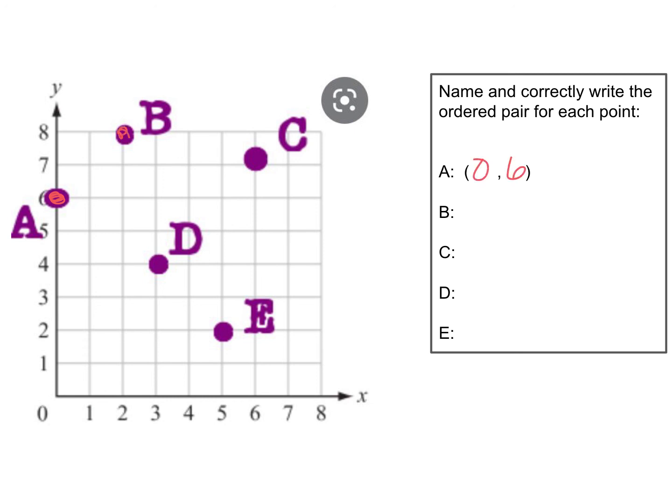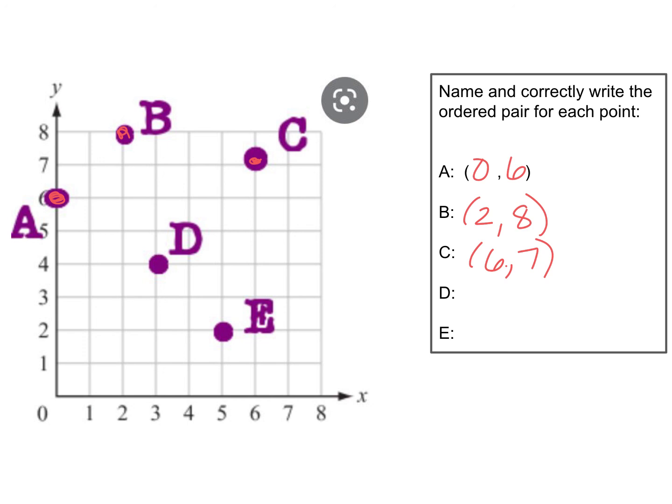B is going to be over 2, up 8. C is going to be over 6, up 7. Notice how I'm writing this. You need to have the parentheses with the 2 numbers with a comma in between. A comma, no other symbol.